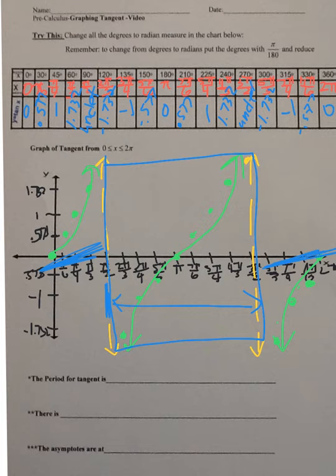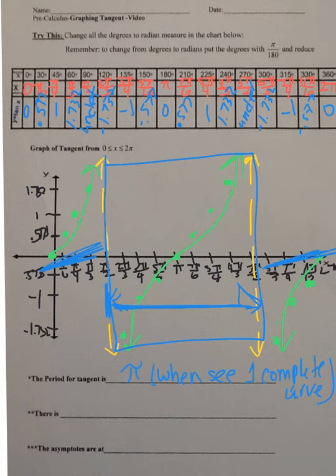So this interval right here in the middle, from pi over 2 to 3 pi over 2, that is your period, which is a length of pi. So remember, pi is when you see one complete curve. Okay, so we see one complete curve in pi.